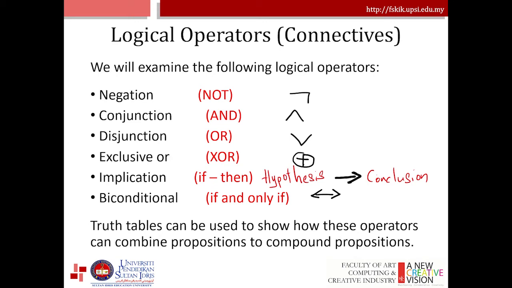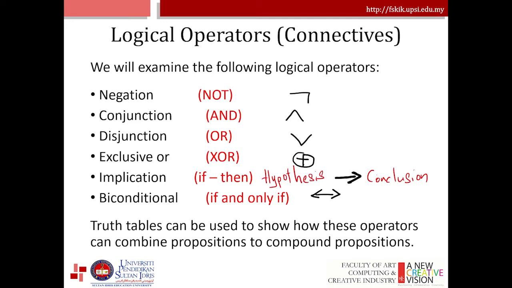And then we can have the hypothesis and then the conclusion. And then again we can take a look at the biconditional. Biconditional again is a statement where each depends on the other, being true or vice versa. Look at the arrow for the implication and the arrow for the biconditional.